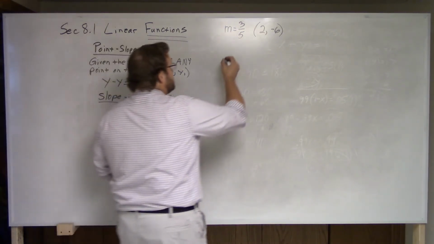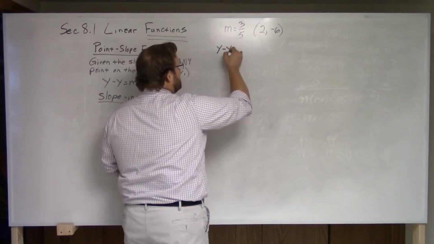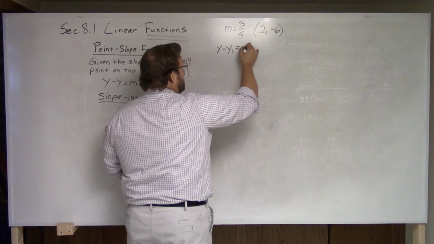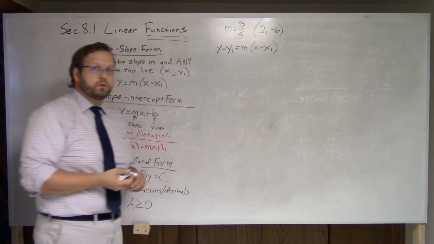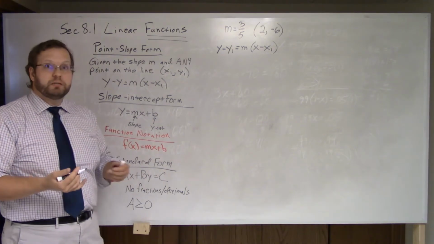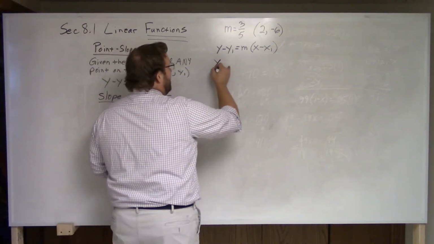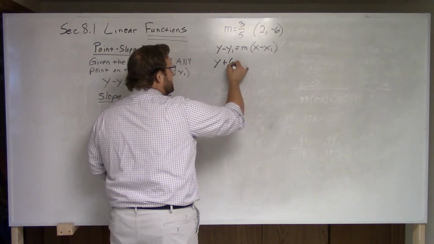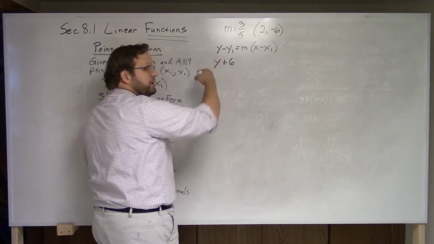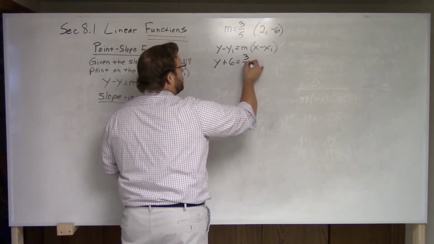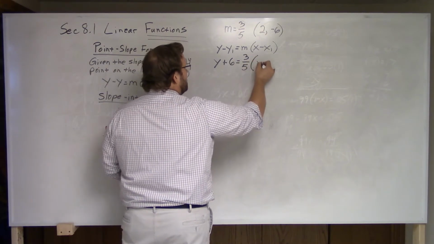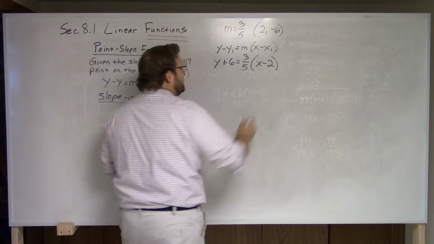So I'm going to start with y minus y1 equals m times the quantity x minus x1. Plug in y plus 6, because there's a -6 being plugged in on top of that minus, equals 3/5, and then x minus 2.